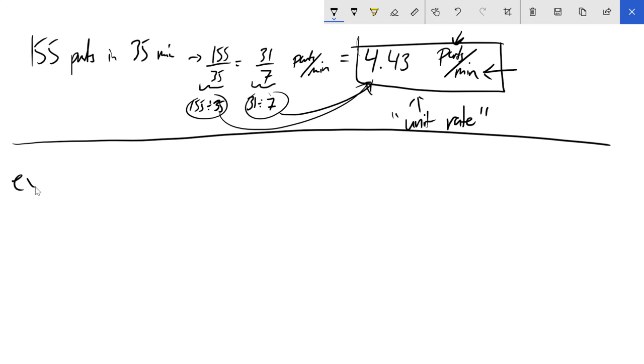Unit rates are actually what we're most familiar with. So for example, let's say that you pay $35 for 11.2 gallons of gas.